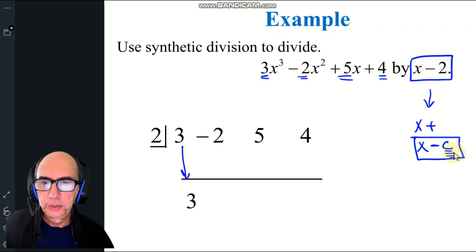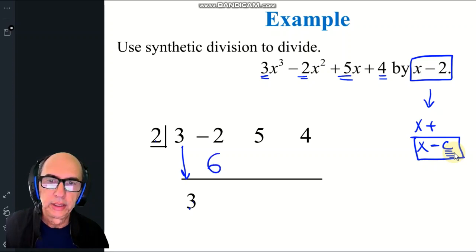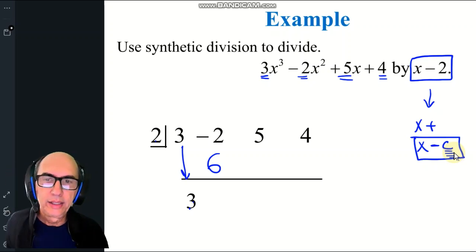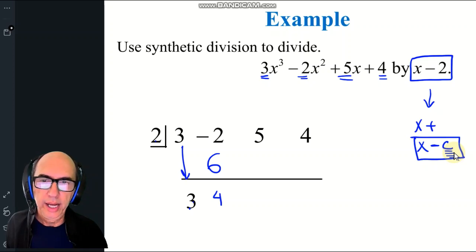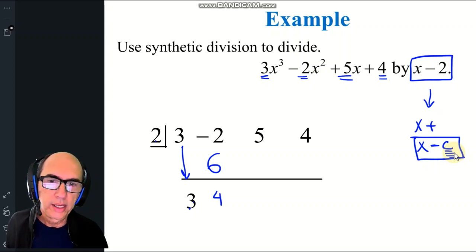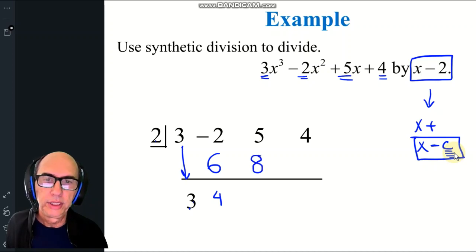You first bring down the 3, and 3 times 2 is 6. You write down the 6 underneath the next coefficient. Now you add negative 2 plus 6, positive 4. 4 times 2 is 8, and you write down the result of the multiplication under the next coefficient.